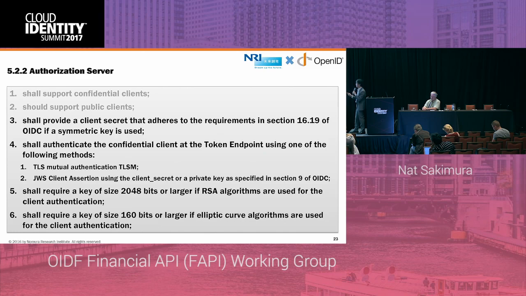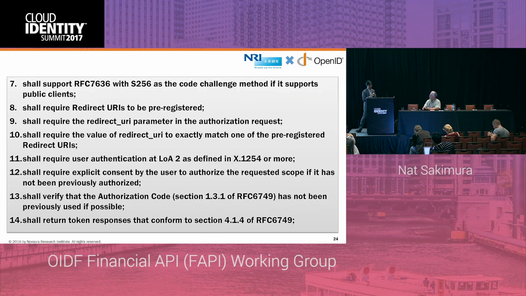And shall require a key size of 2048 bits or larger if RSA algorithms are used for client authentication, and similarly for elliptic curve, 160 bits. And shall support RFC 7636, that's PKCE, right, with S256 as the code challenge method if it supports public clients.